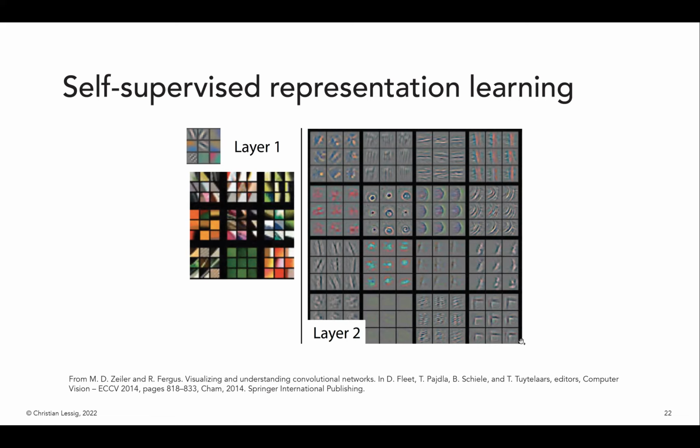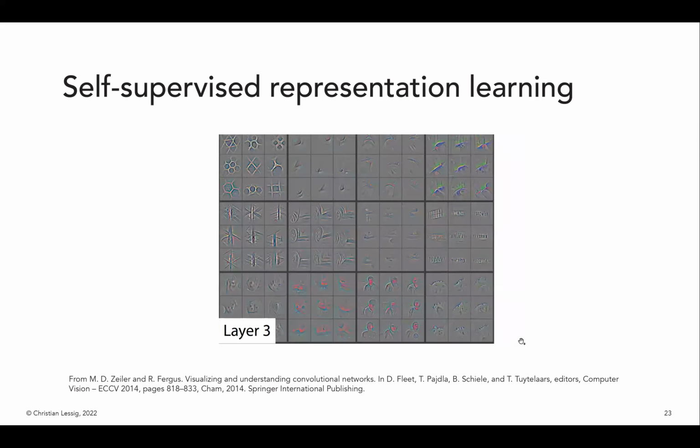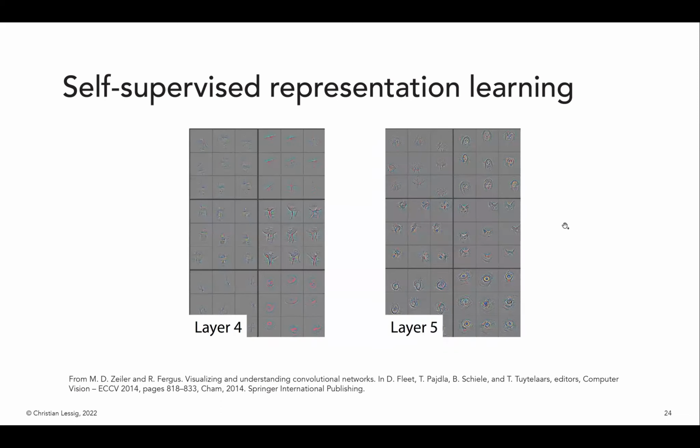Level 2 is a little bit hard to interpret, but level 3 already has a lot of structure. For example, if you look down here, the network seems to learn a representation for photographs of humans. If you go further down, then in this block it somehow represents cats and dogs that are apparently distinguished based on the shape of the ears.